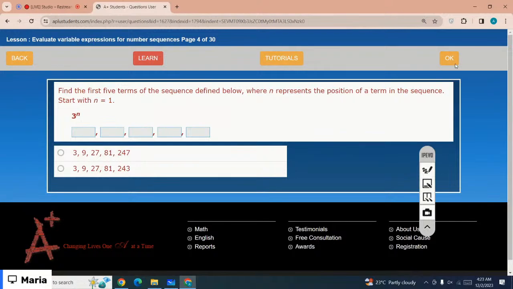Okay, the next one is find the first five terms of the sequence defined below where n represents the position of a term in the sequence. Start with n equals 1. So which is the correct option? Which is the correct option?